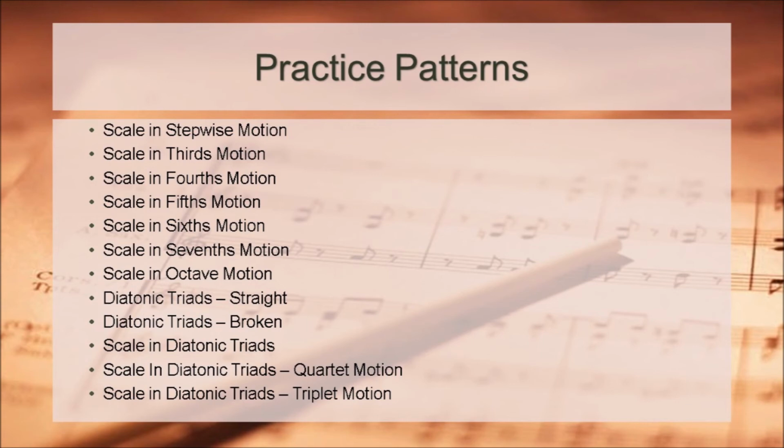You might see more of this in some of the bass motions, especially octaves. But then for the sixth, we go C to A, D to B, E to C, etc. The seventh degree, C to B, D to C, E to D, and on.